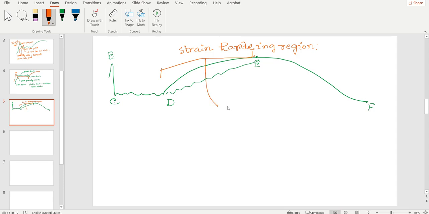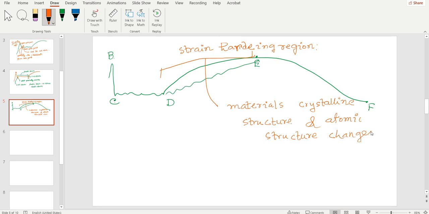At this point the crystalline structure and atomic structure of the material change.